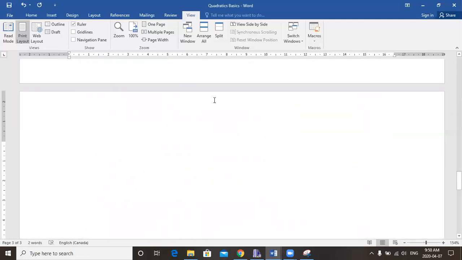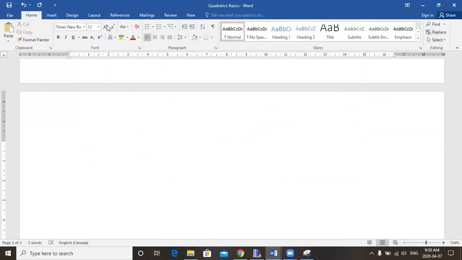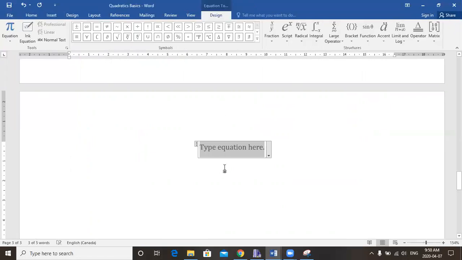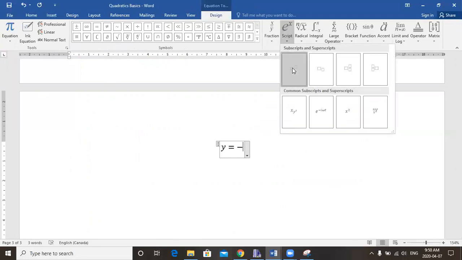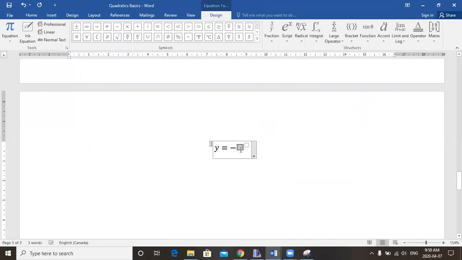So let's say we had the equation y equals negative 1.08x squared plus 2.65x minus 7. Okay.